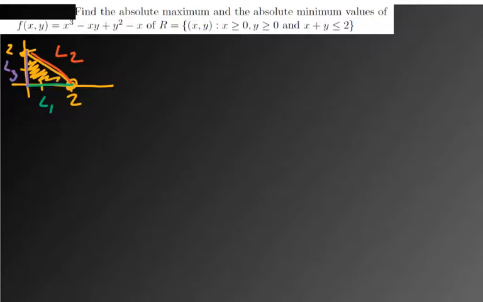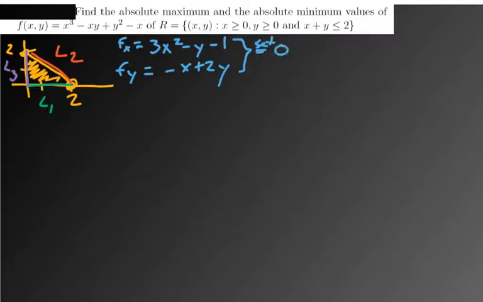So let's just start with local max and min. We're going to basically find the critical point. The partial with respect to x is 3x squared minus y minus 1. Partial with respect to y is negative x plus 2y. In order to be a critical point, both of these need to be set equal to 0 and solved.